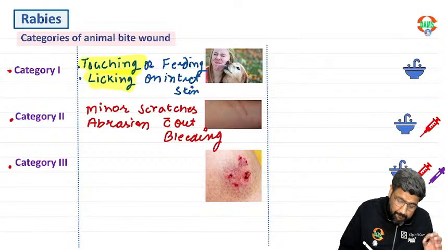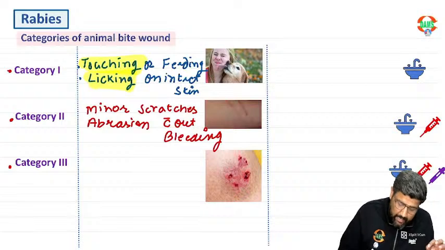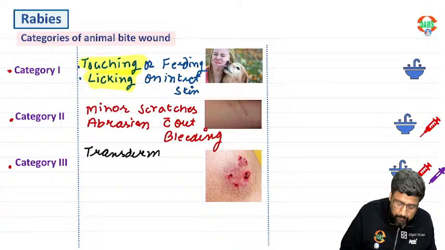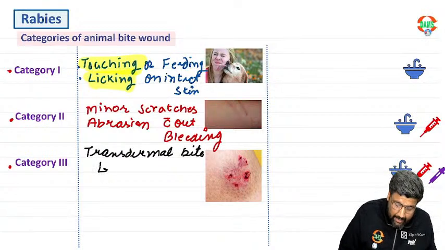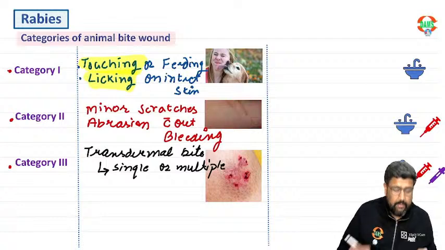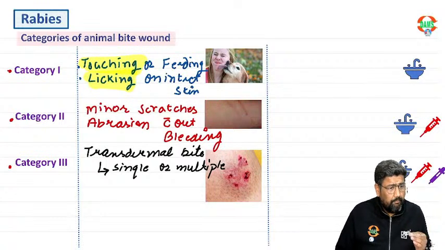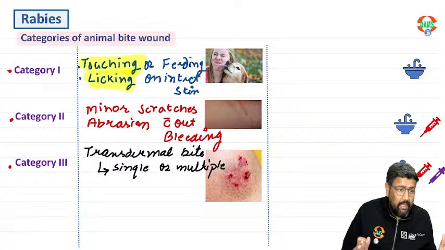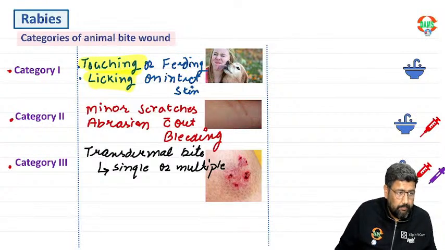But if you see a case where there is even a single transdermal bite, or multiple transdermal bites, where bleeding is there, it is category 3.